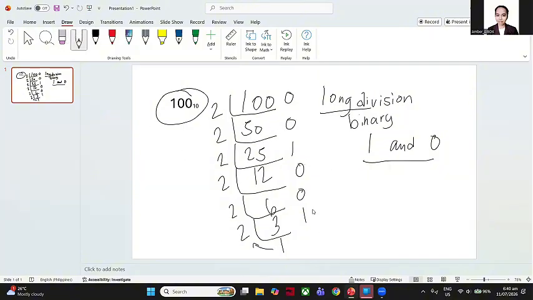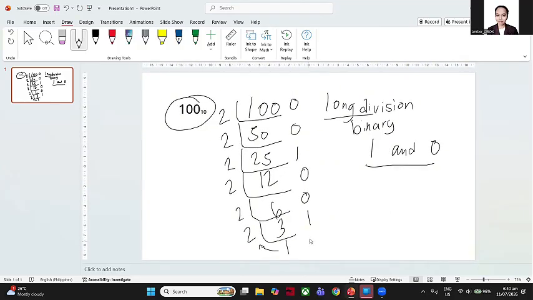So now we have our answer. It's always read upward.